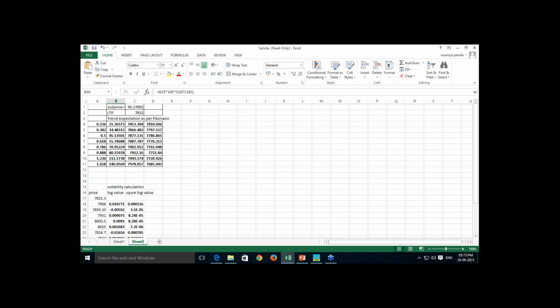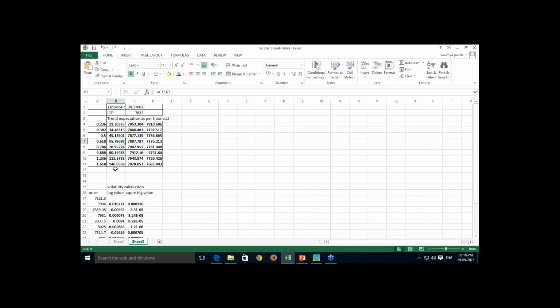Using this 22% volatility applied on the 28th September 2015 last traded price, I have calculated the price range. The expected price range is 90 points. 90 points of price oscillation you can expect. Then this 90 is multiplied with 0.236, 0.382, 0.5, 0.618 to give the price range of each retracement level.